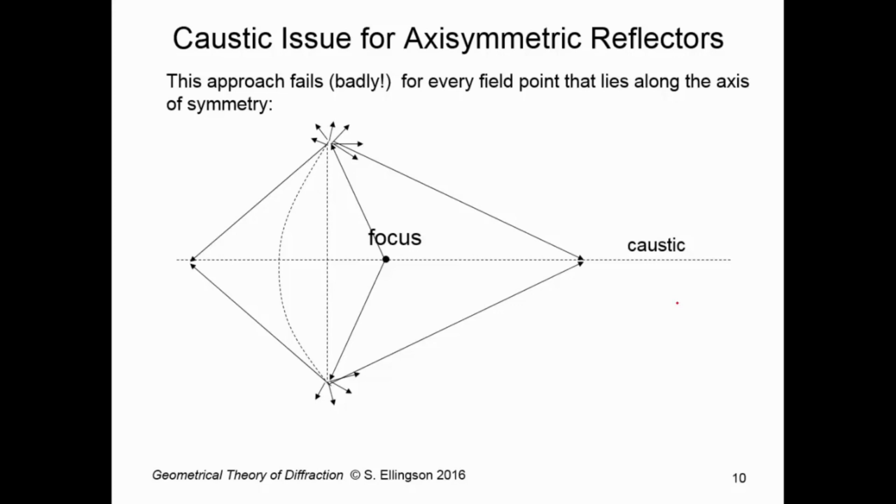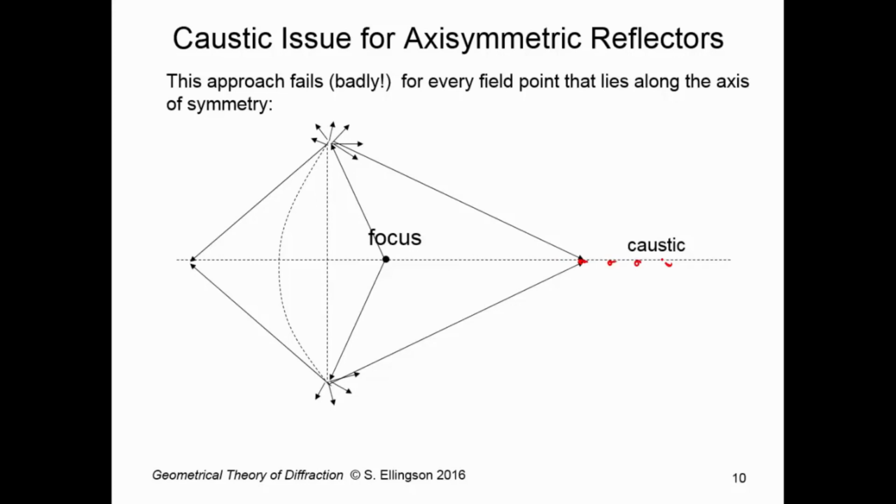Recall from a previous lecture that a caustic is any point through which an infinite number of rays are expected to pass. And that's what happens for an axisymmetric reflector. On the axis, we have every point on the rim being a stationary phase point, and therefore, for every point along this line, we have an infinite number of rays passing through it.